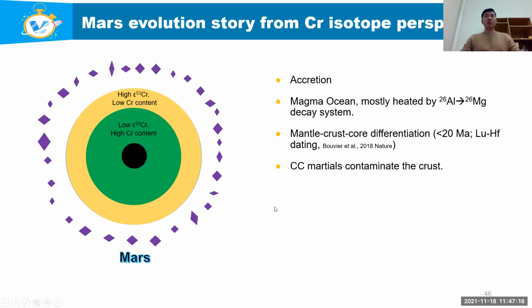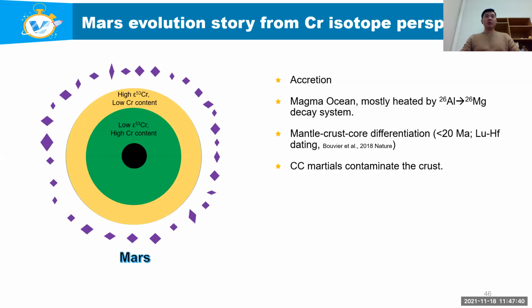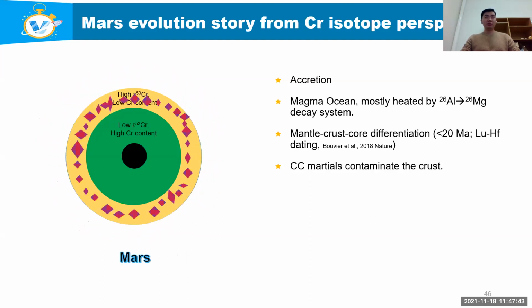And then I think for most of the planets, there is a late accretion process. And these green ones are carbonaceous chondrite materials. They always have higher chromium content than the planetary crust, and also higher epsilon 54 chromium values than Mars. And these materials fell onto the Martian surface and contaminated the Martian crust, making the crust also have higher epsilon 54 chromium values than the mantle.